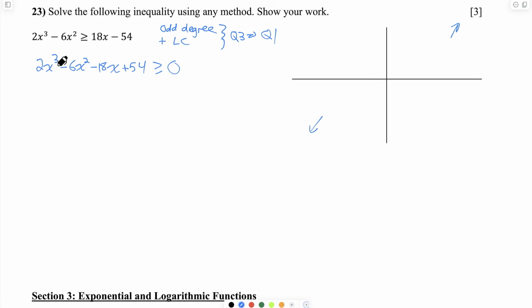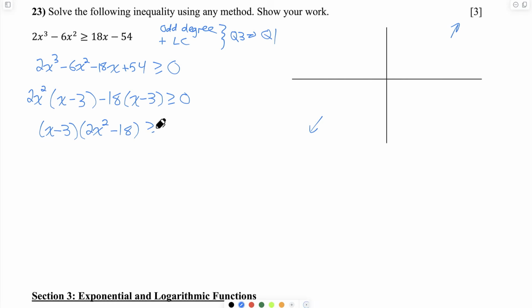And I think this polynomial is actually factorable by grouping. If I common factor 2x squared from the first two terms, I would get x minus 3. And from the last two terms, if I common factored a negative 18, I would get x minus 3. Since it's a common binomial, I could factor out that x minus 3, and I'm left with 2x squared minus 18.